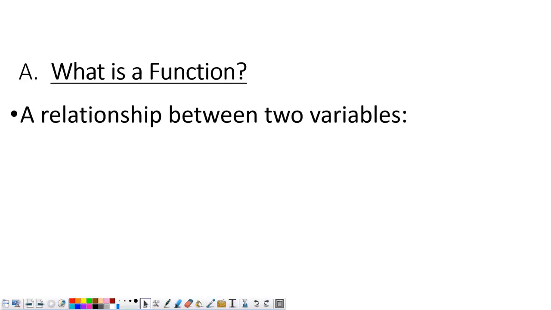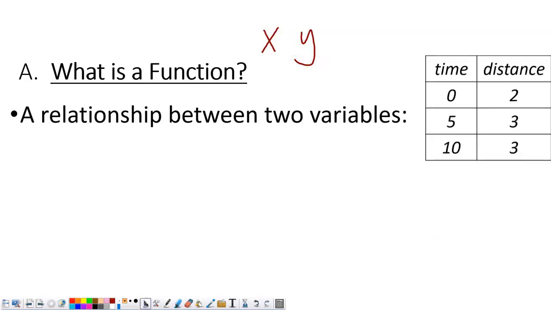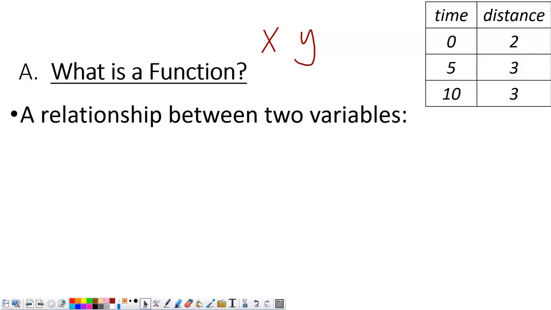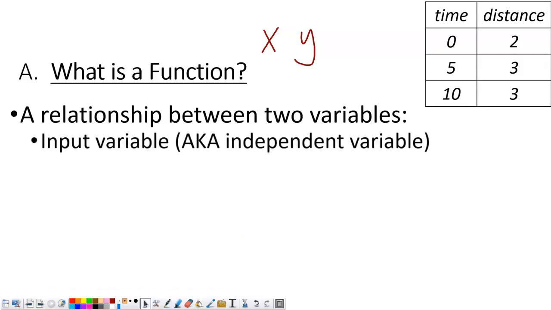A function is a relationship between two variables. Okay, so let's say that Mrs. X and Mr. Y decided to form a relationship. The input variable, also known as the independent variable.